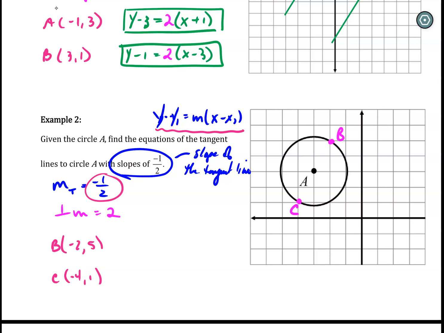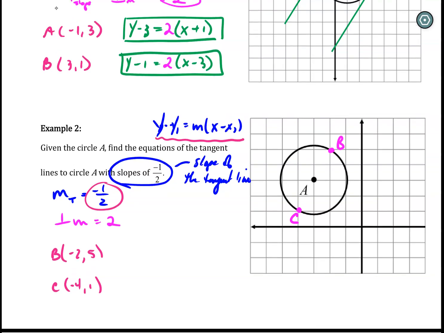So that's going to be y minus 5 is equal to -1/2 times x, again, minus a -2 is +2. There's the first line.